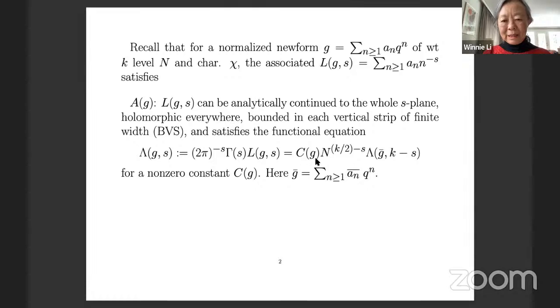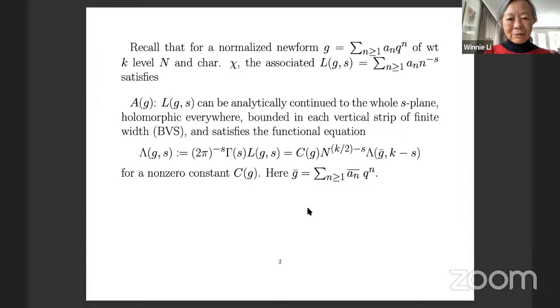In front of that, we have the exponential part, the level to the power k/2 minus s, and there is a non-zero constant in front. I am just going to call this condition A(g), without repeating it each time.